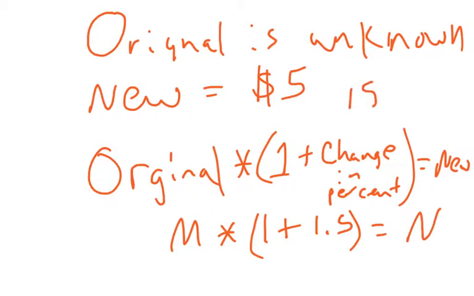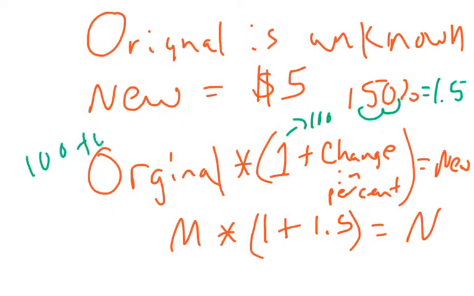Because 150% as a decimal means we have to move it over 2 places, and that gives us 1.5. And this 1 is actually equaling 100%. So if we take the 100 plus the 150, that gives you 250%. And if we change that to a decimal, it gives us 2.5.